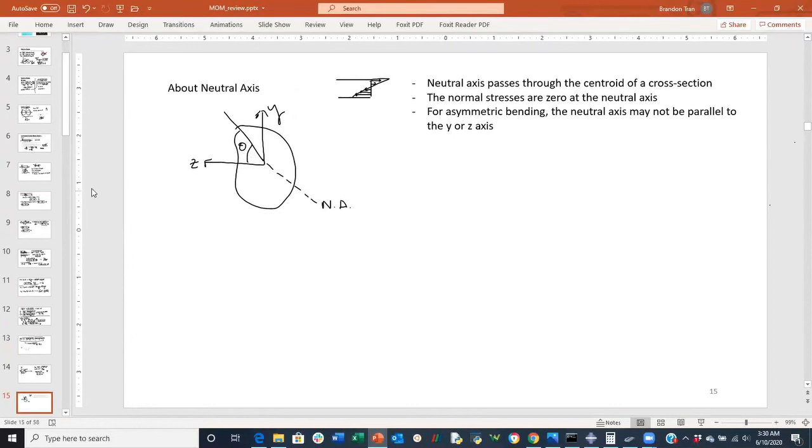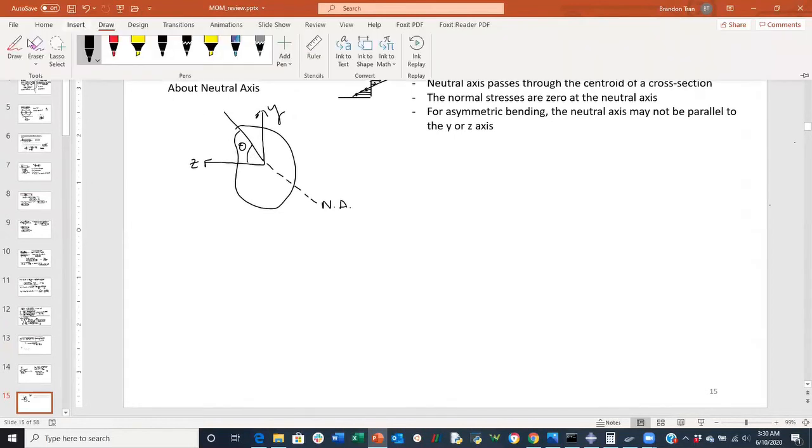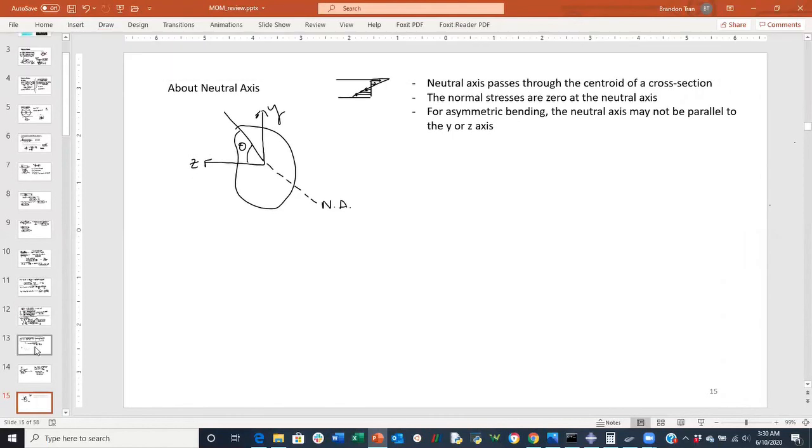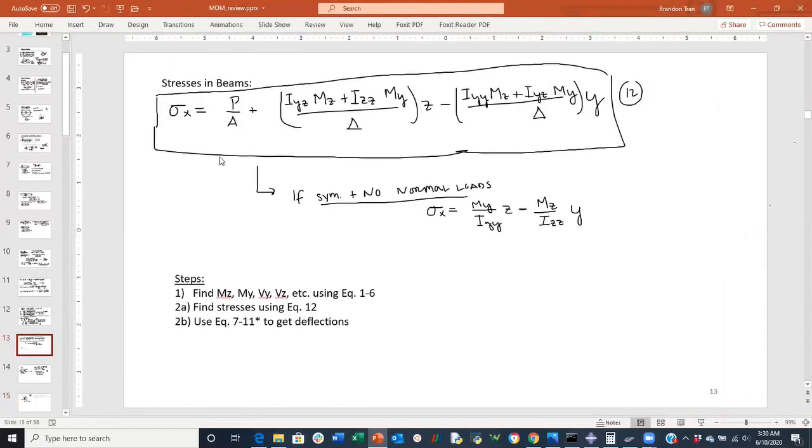So how we find the neutral axis orientation is, if you remember from equation 12, we know that the normal stresses have to equal 0. So this entire thing has to equal 0. The next thing, we're going to assume that there's no normal loads.